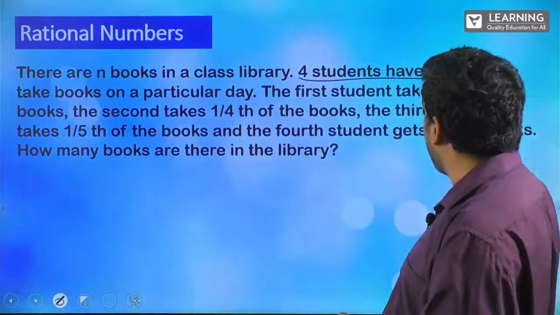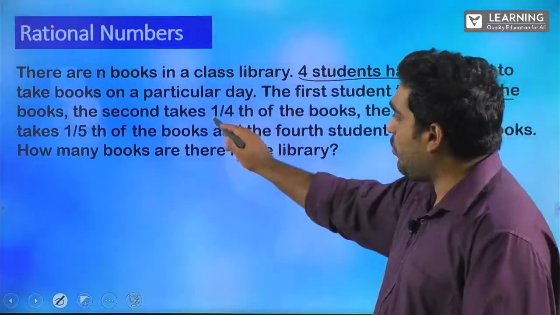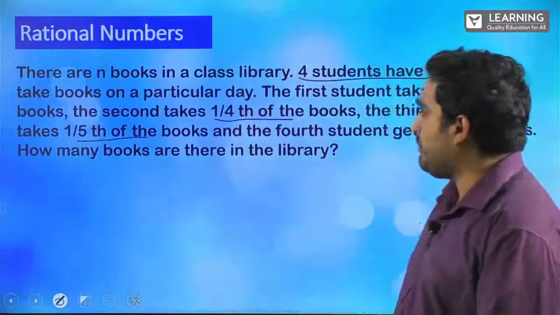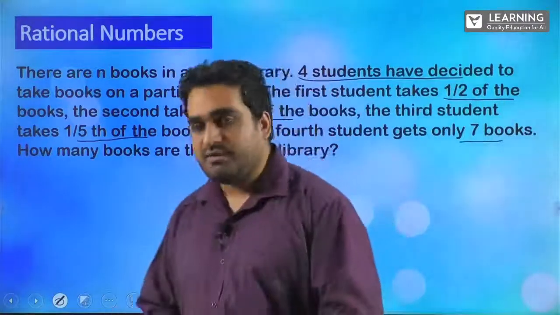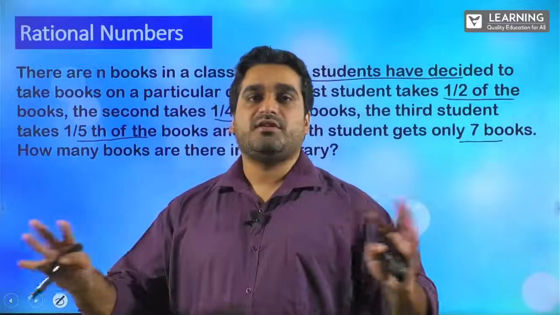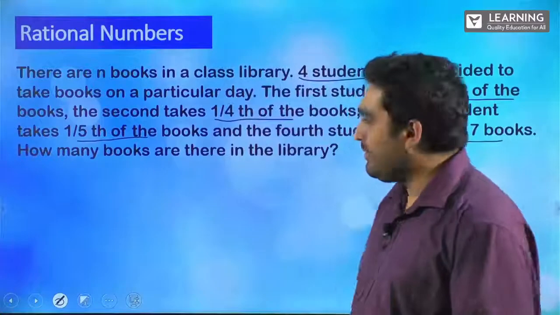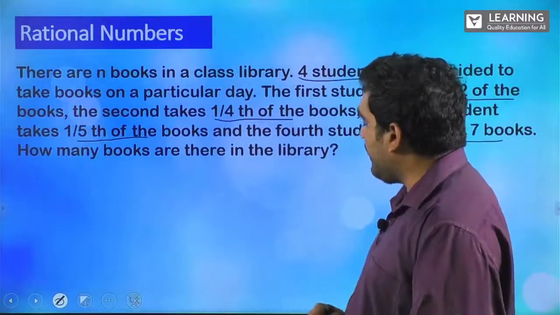He took 1/2 of the books. The second student takes 1/4 of the books. Third student, 1/5 of the books. And the fourth student gets only 7 books. So now the library is empty. Pretty small library. You will soon see the number. So 7 books are obtained by the fourth student.